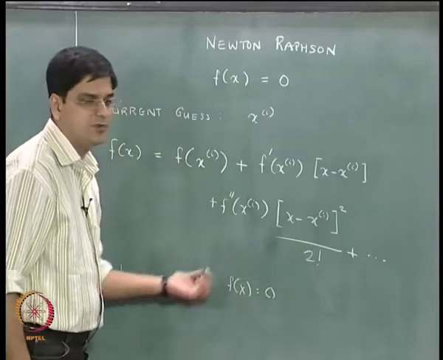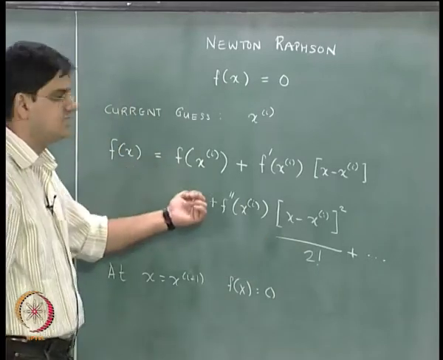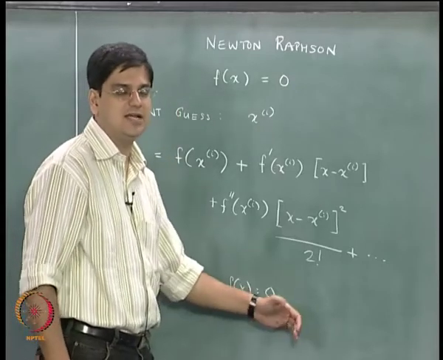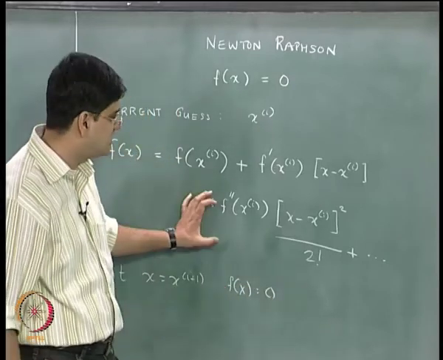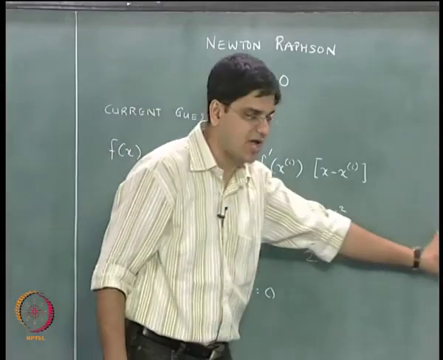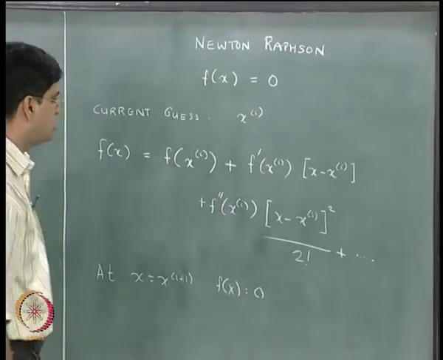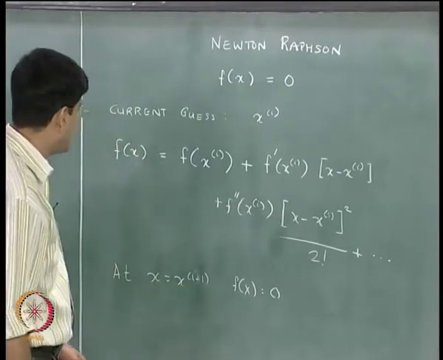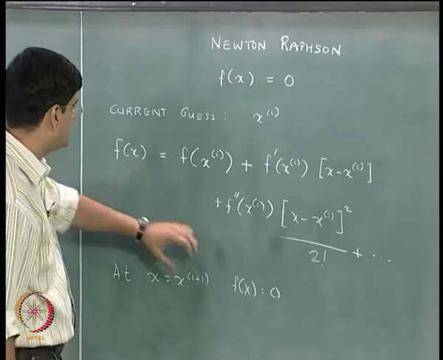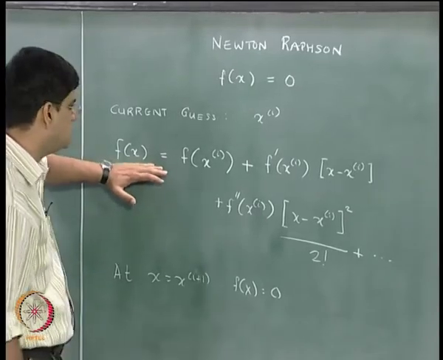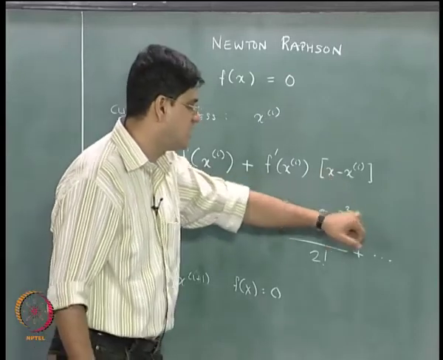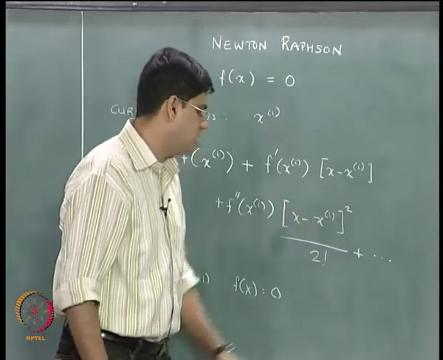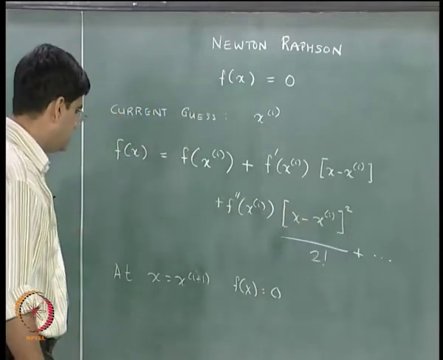Again, f of xi plus 1 is not exactly going to be equal to 0, because we have indeed thrown away these higher order terms. So at x equal to xi plus 1, we substitute f of x equal to 0 and discard all the higher terms in that infinite series expression.